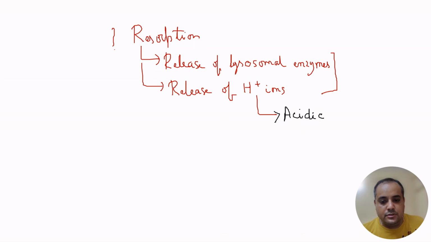So suppose this is the surface of the bone and an osteoclast is attached to this bone. So naturally it is going to cause release of the lysosomal enzymes and the H plus ions.